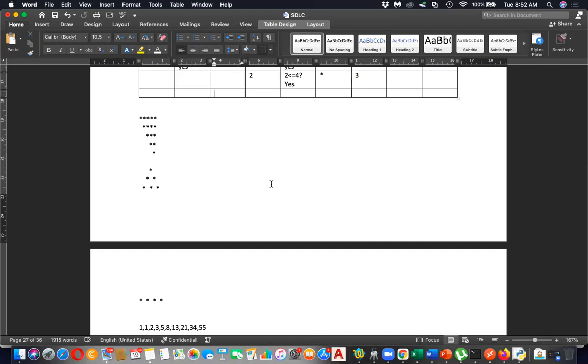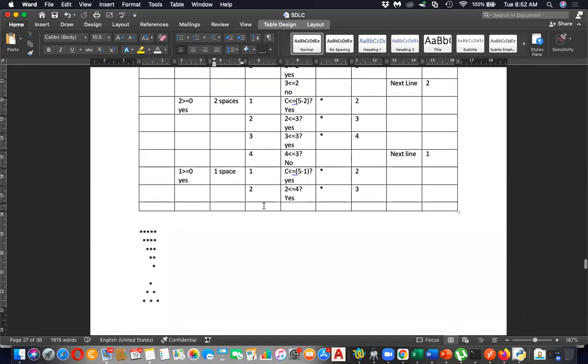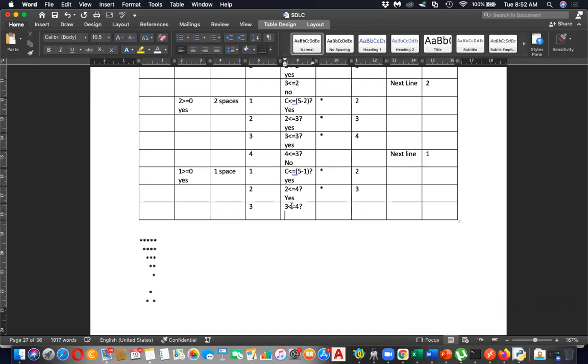3 less than or equal to 4. Yes. Print asterisk and now it's 4. So C is 4 now. 4 less than or equal to 4. Yes. It will print asterisk.